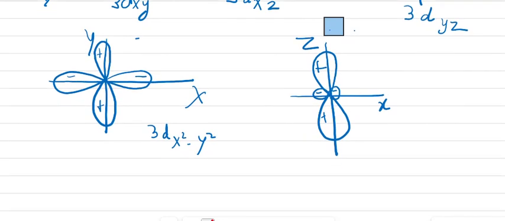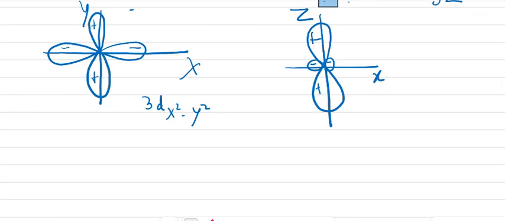Now these diagrams represent only the angular part of the wave function, and the total wave function is the product of the radial wave function and the angular wave function.